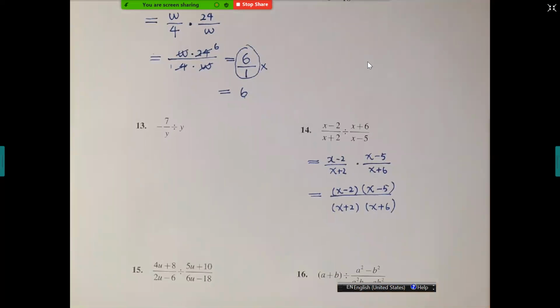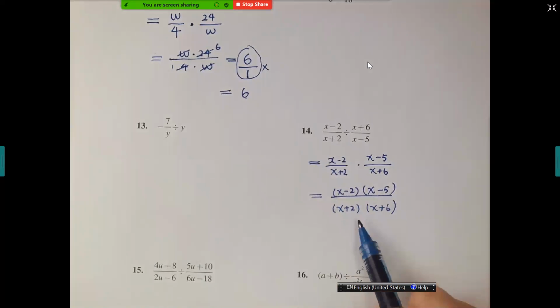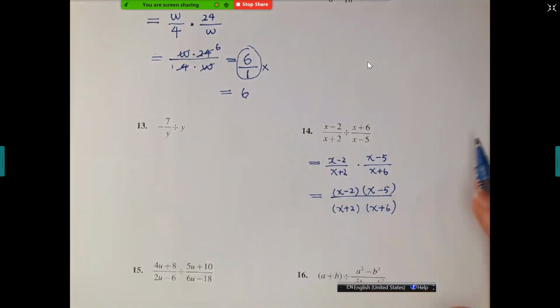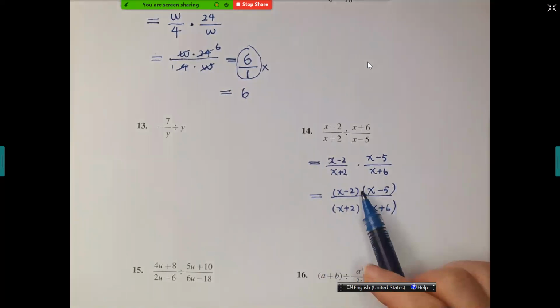Now we see, can I factor any of them? None of the binomials here are factorable. They're all prime. Then what do we do? Stop here. You don't need to do anything else. You might ask me, Professor, do we have to carry the multiplication out? The answer is no. Leave the expression in factored form.